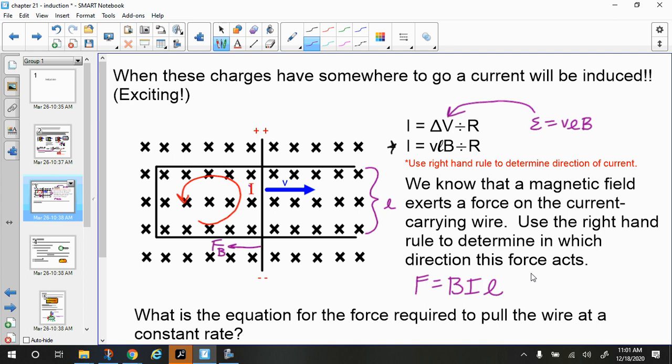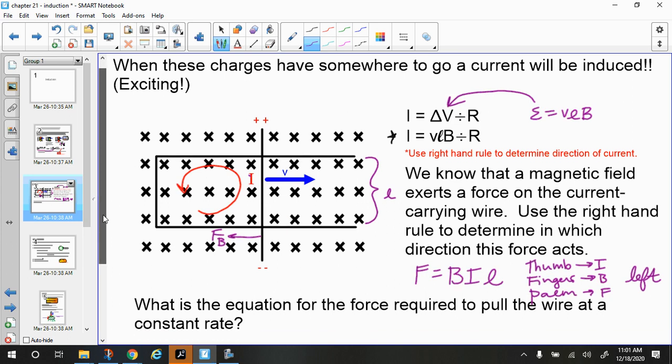So I'm going to write here, thumb is the current, fingers are magnetic field into the page, and then your palm is the force. So this is force to the left. So that's very interesting.